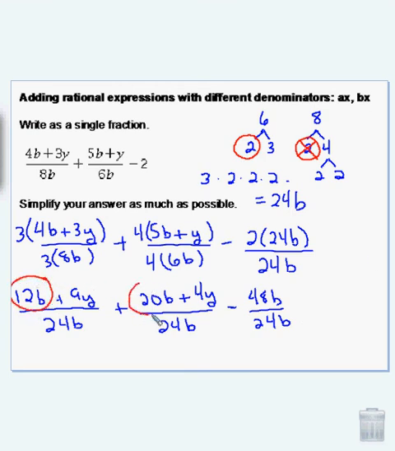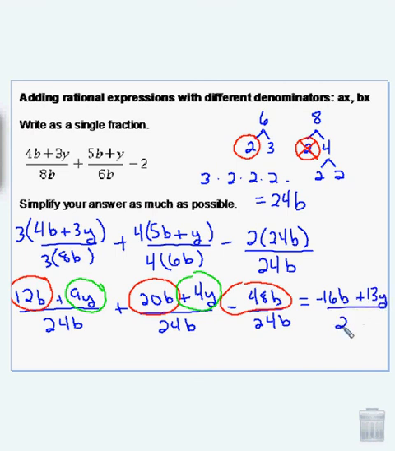I have a 12b, a 20b, and a negative 48b. This will give me 12 plus 20 is 32, minus 48 is negative 16b. And then I have 9y plus 4y, so that's plus 13y over 24b.